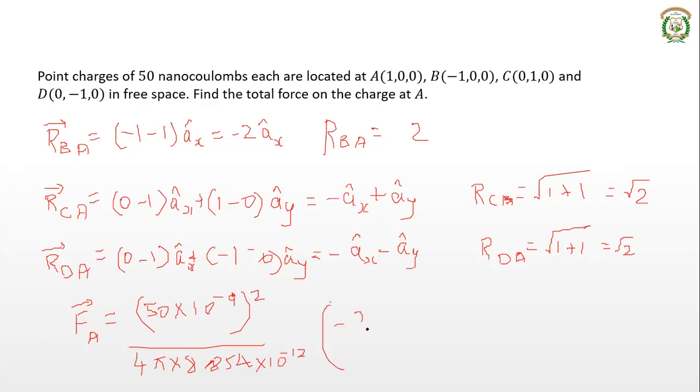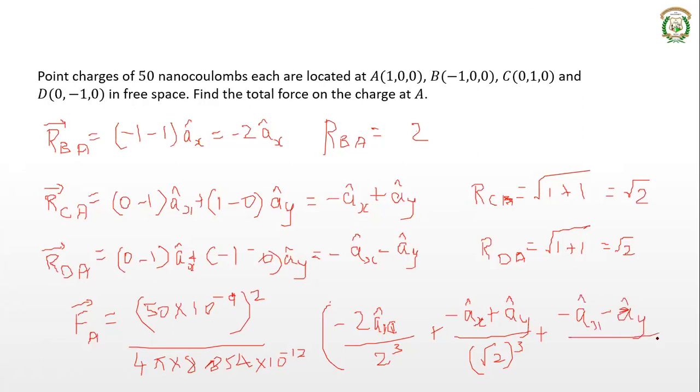RBA, minus 2 AX divided by 2 cube, plus RCA, minus AX plus AY, divided by root 2 cube, plus RDA, which is minus AX minus AY, divided by again root 2 cube.